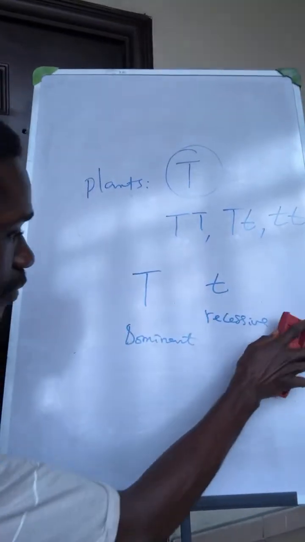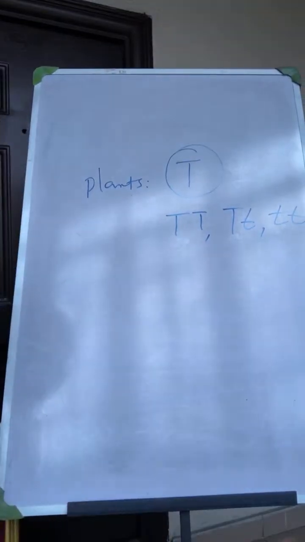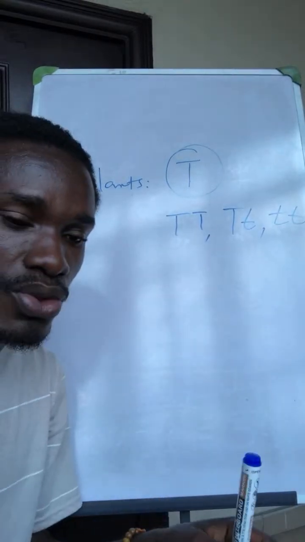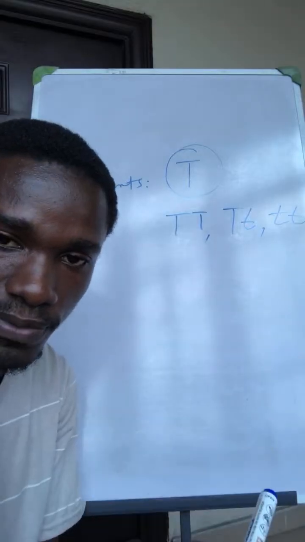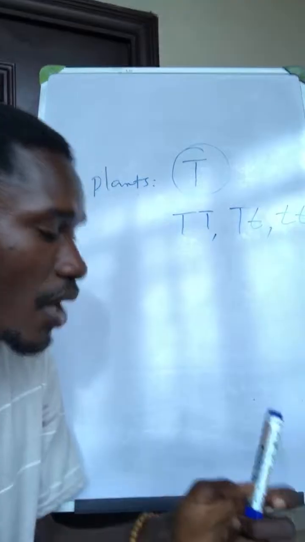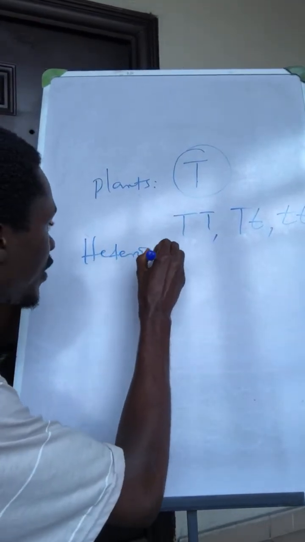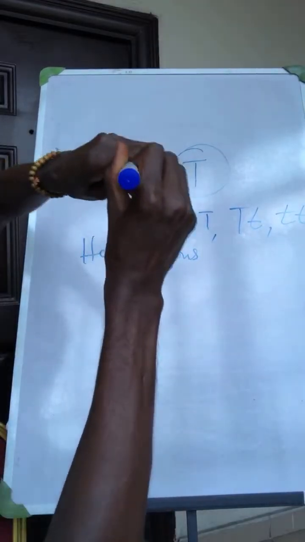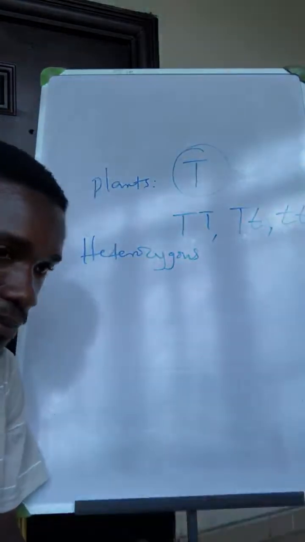Now, let's try a possible question. Supposing we are comparing heights for plants, and we cross 2 heterozygous plants. What is the probability that their offspring is going to be short?